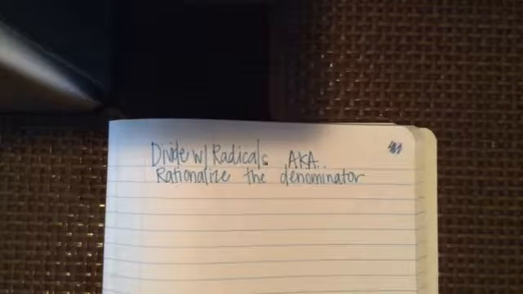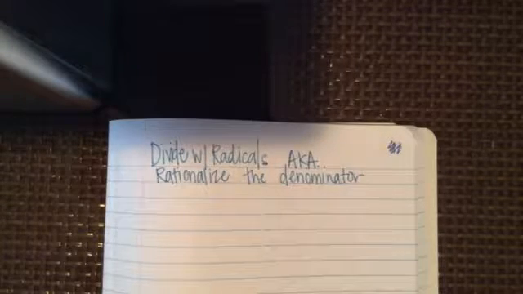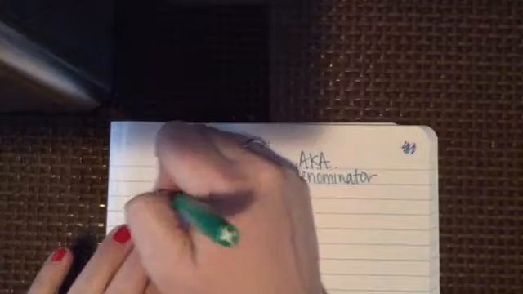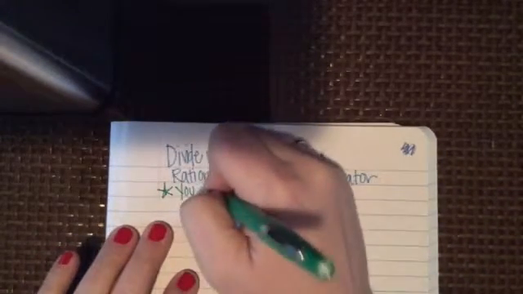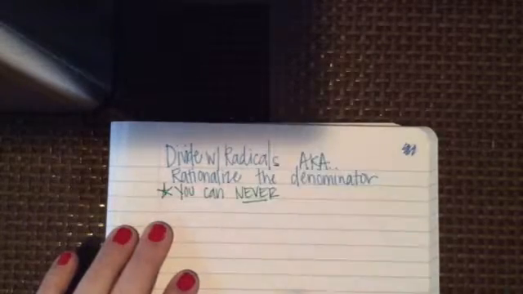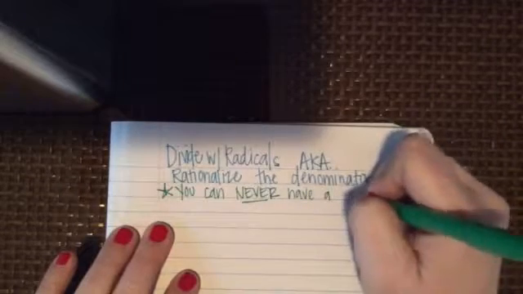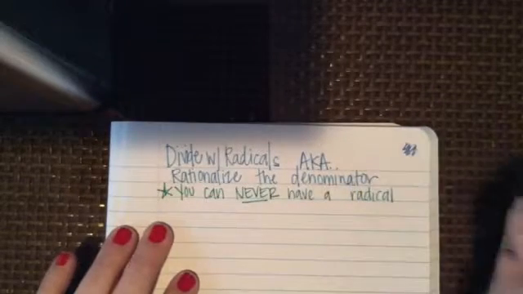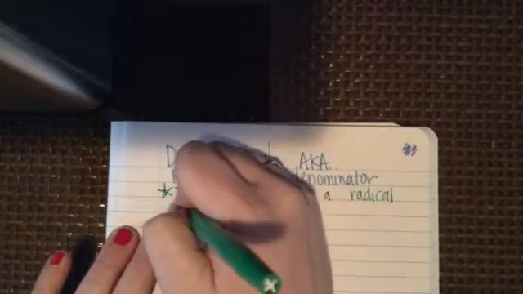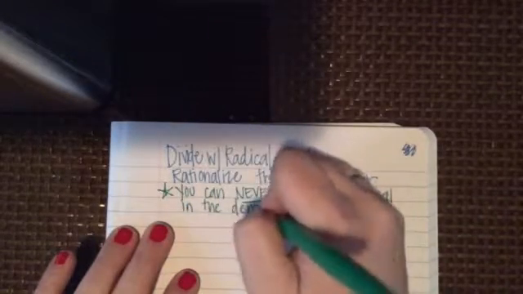So we call it rationalizing the denominator because it is illegal to have a radical in the denominator. You can never have a radical, square root, right, in the denominator.